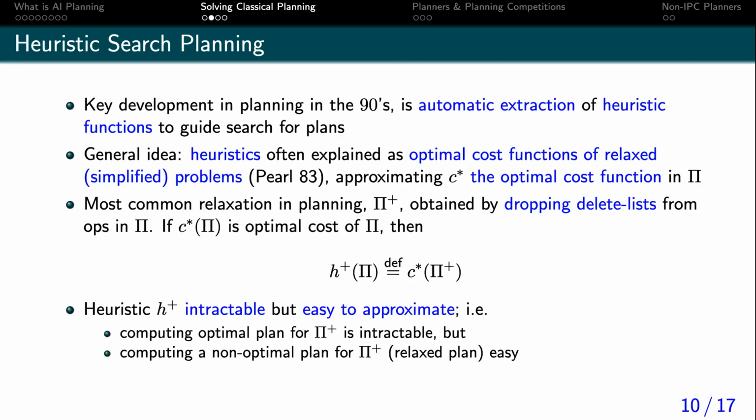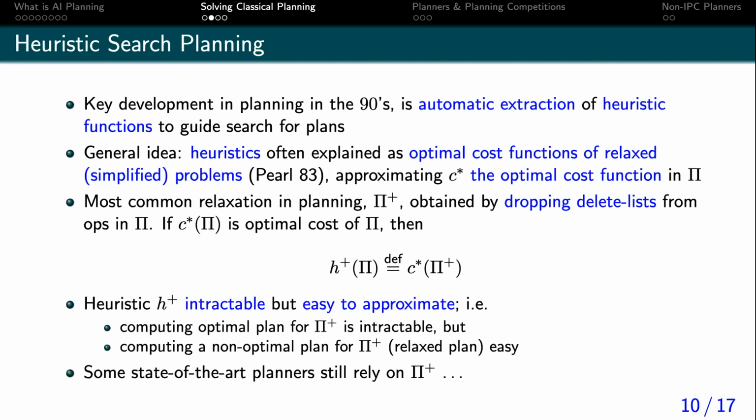Delete-free planning is simpler than STRIPS planning, with optimal delete-free plan generation being NP-complete, as opposed to PSPACE-complete for STRIPS planning, and non-optimal delete-free plan generation being polynomial. Many state-of-the-art non-optimal planners still rely on partial delete relaxations or ideas derived from it.